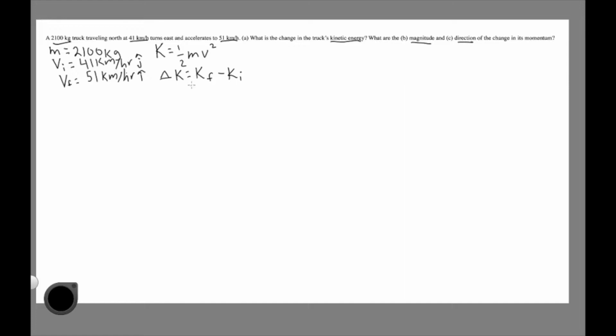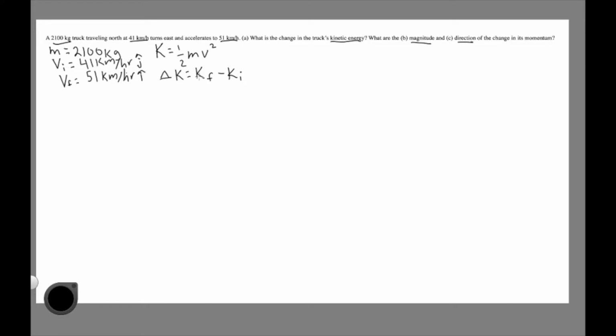So for its final kinetic energy, it's going to be 1/2 the object's mass times its speed final, that means the speed that it's going at the end. And then initial kinetic energy is going to be 1/2 the object's mass times how fast it's going at the beginning.